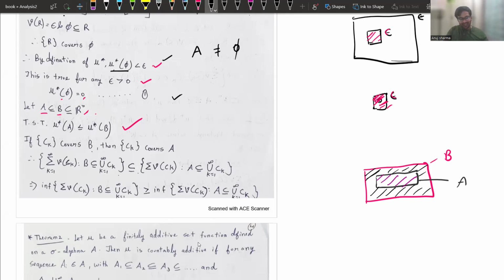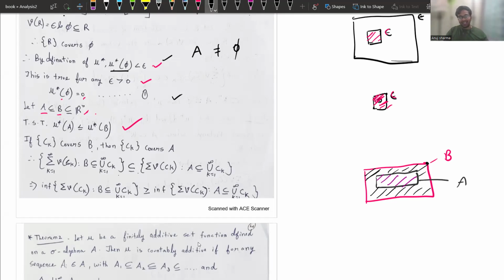And the next part says the infimum of B. If you take the smallest value of B, the smallest value would be the volume.